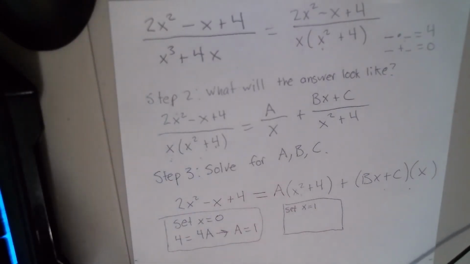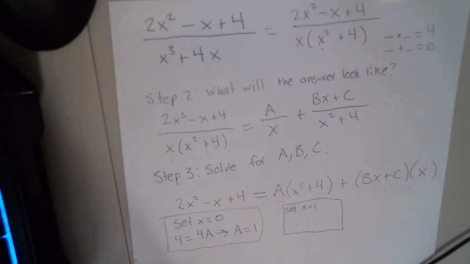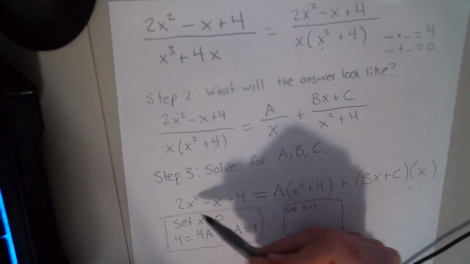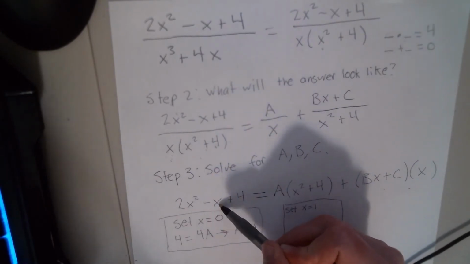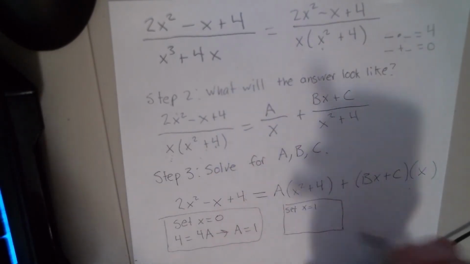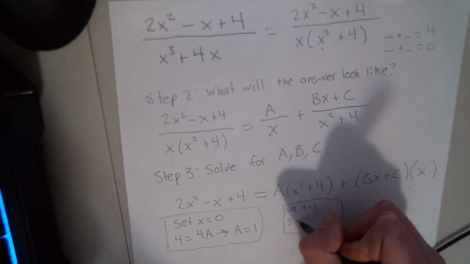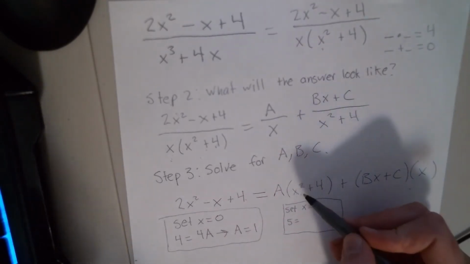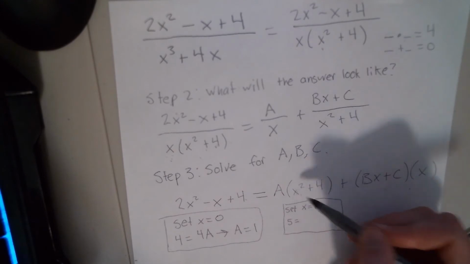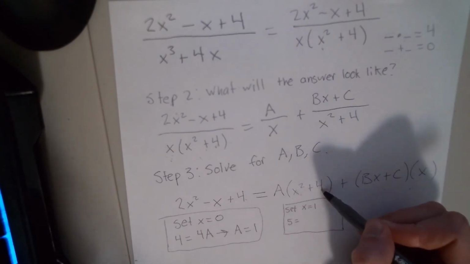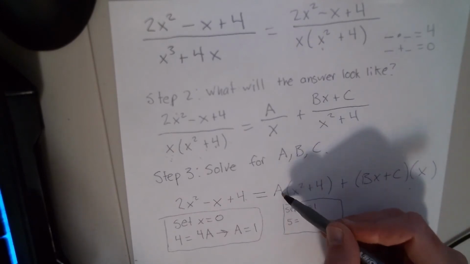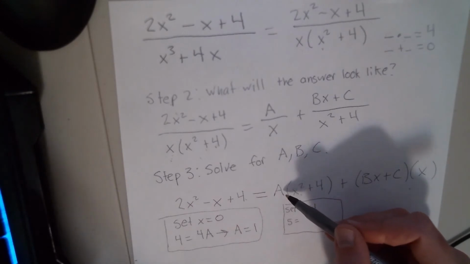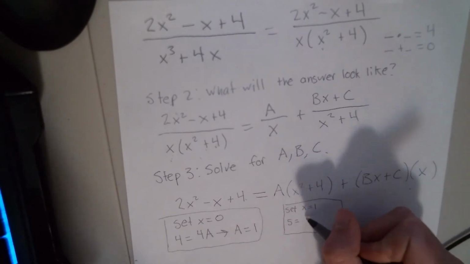So when I do x equals 1, I get 2 minus 1 is 1, plus 4 is 5. 5 equals, well, 1 plus 4 is 5, times a is 1, is just 5.